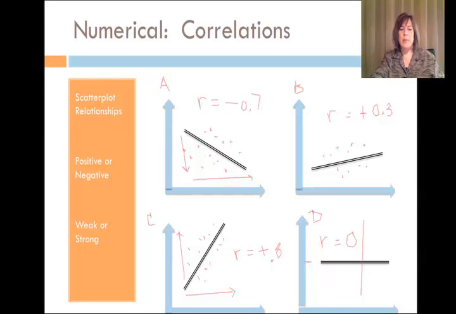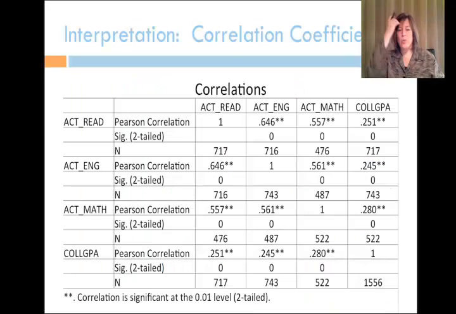The next thing we'll be talking about is how to interpret results from an analysis between variables. This is actually an analysis from SPSS, and what you can see in the results is called Pearson correlation. It gives the n, so it gives the sample size, and it also gives whether or not that correlation is significant. We'll talk about significance more in Module 10, so let's ignore that for right now.